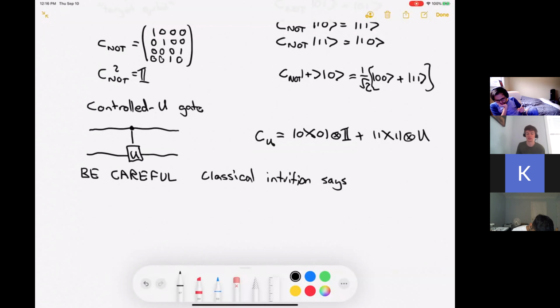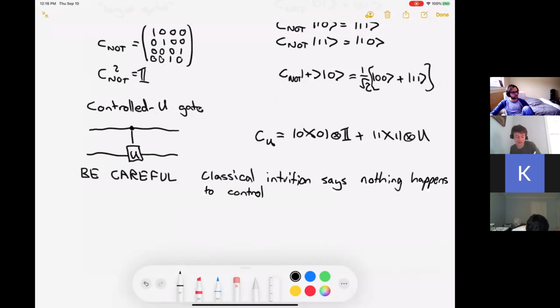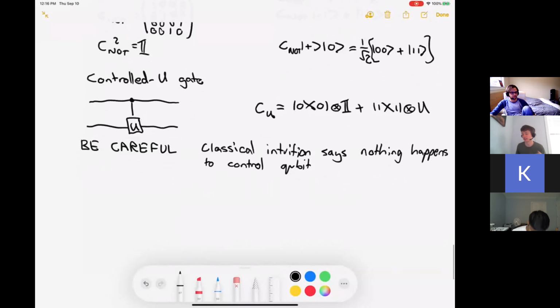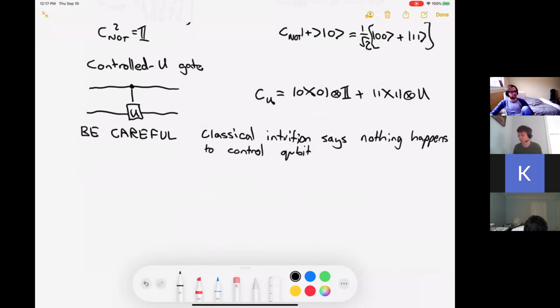It seems like the control qubit just decides whether something happens to the target qubit, but doesn't actually have anything happen to itself. This is not true. Quantum mechanically, just as much is happening to the control qubit as is happening to the target qubit. It's just that the basis where stuff is happening is not the computational basis.